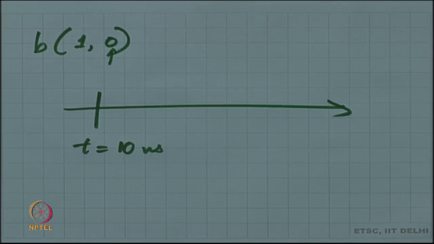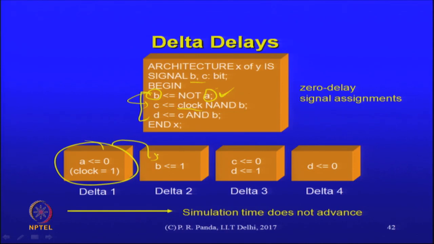As a result of this, a sequence of triggerings happen, but the immediate consequence of A changing is just that one statement is evaluated. All the statements are not evaluated because they are not sensitive to A. What I meant here is that the clock is not changing, the value of clock is stable at 1, only A changed.